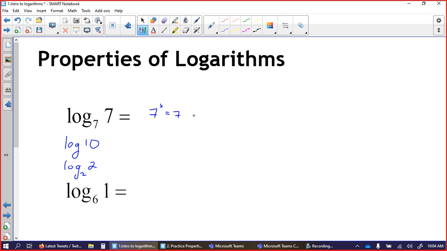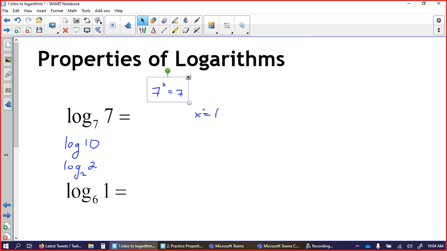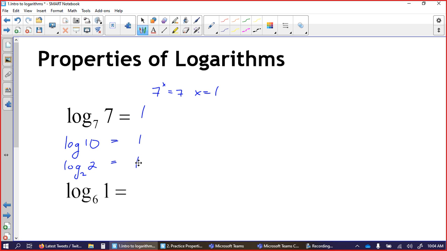Well, what's x going to be in this case? So log base 7 of 7 is 1. Log of 10 on your calculator is 1. Log base 2 of 2 is 1. If the base and the argument are the same, it has to be 1.